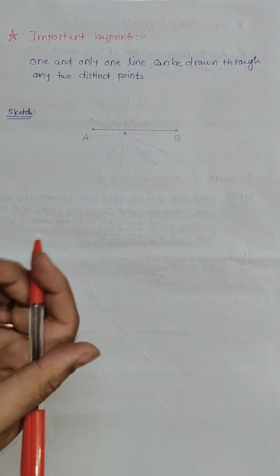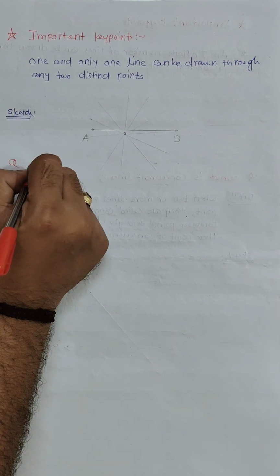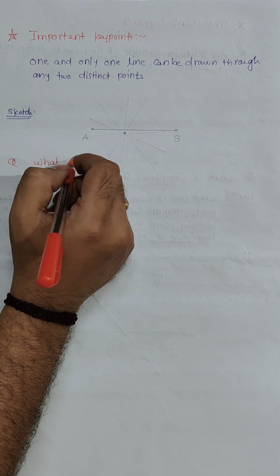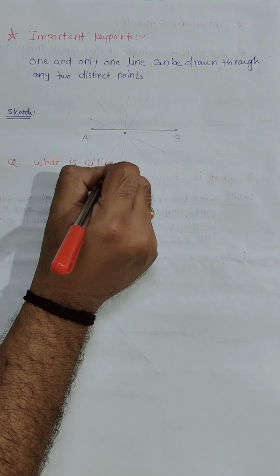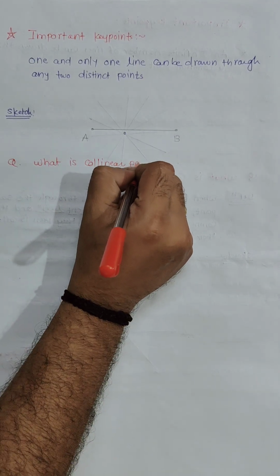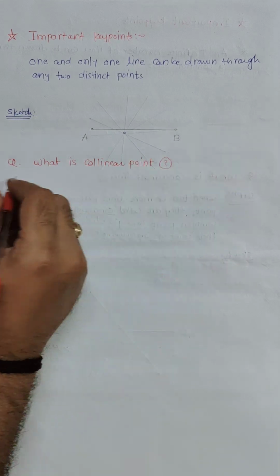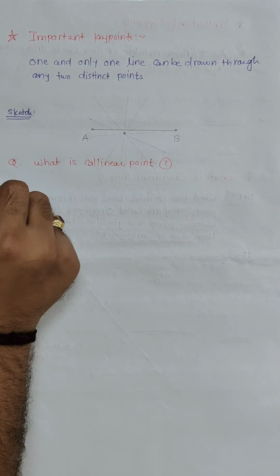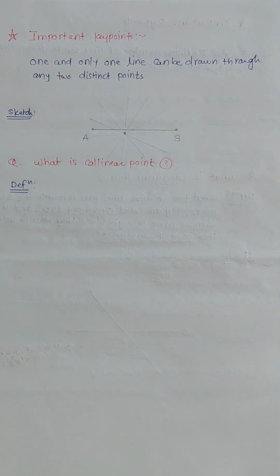Now, next, what is a collinear point? Now, the first point is the definition. What is meant by a collinear point?